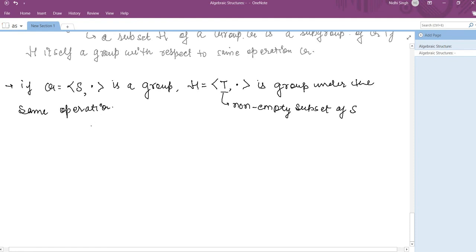So in this condition, H is called a subgroup of G if, first, elements A and B are members of both the groups, and C equal to A dot B should be a member of both the groups.